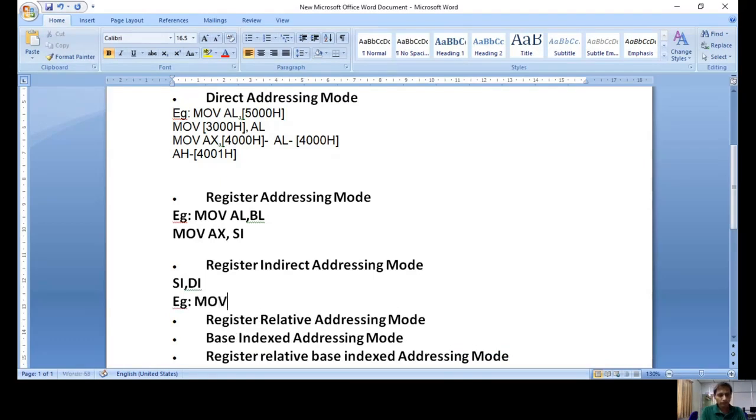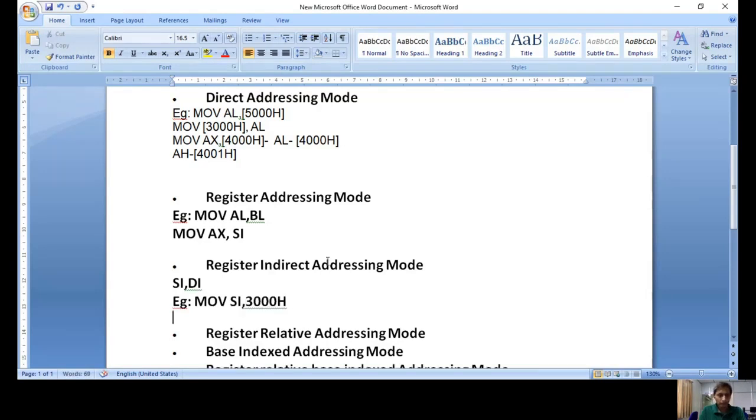Here I am writing like this: MOV SI, 3000H, like immediate addressing mode, the same instruction, one type of immediate addressing mode. Then MOV AL, [SI]. Let us see what it means. So instead of taking data directly from the 3000H location, we write like this.